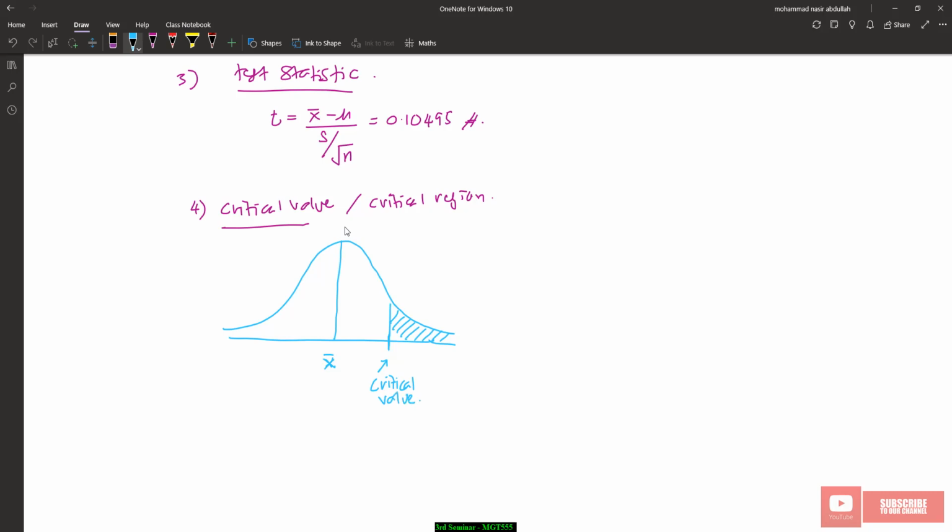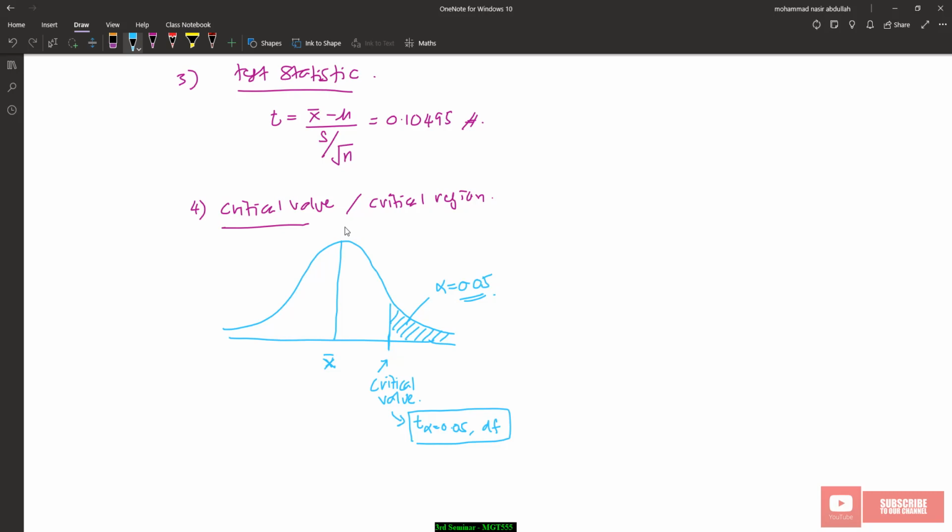So for the critical value, this is going to be alpha equal to 0.05. The critical value here will represent t alpha, alpha equal to 0.05, with the degree of freedom. This is the t value. The t value means the critical value.